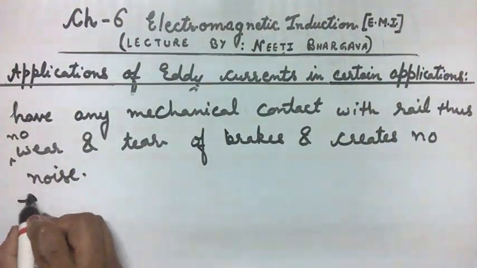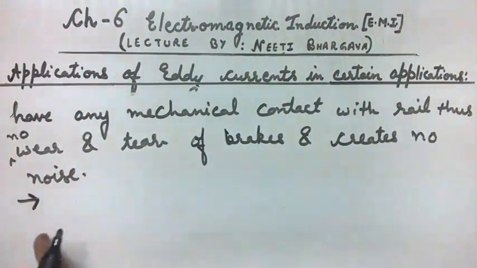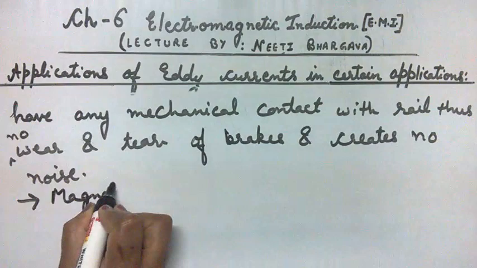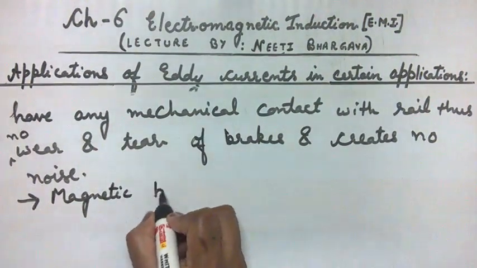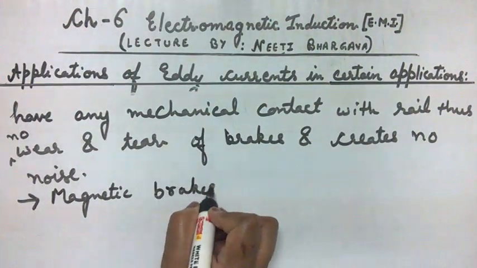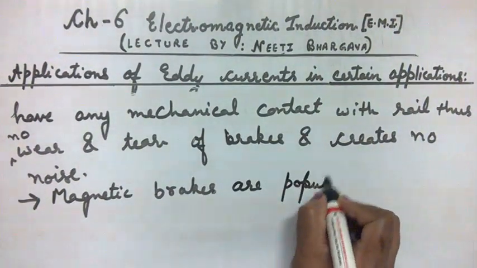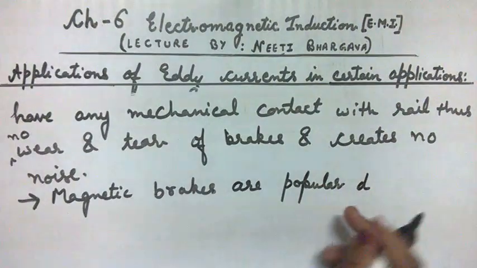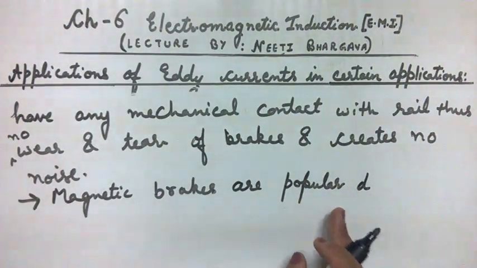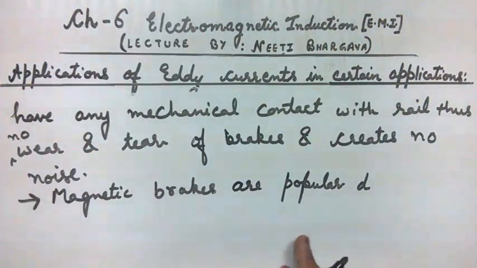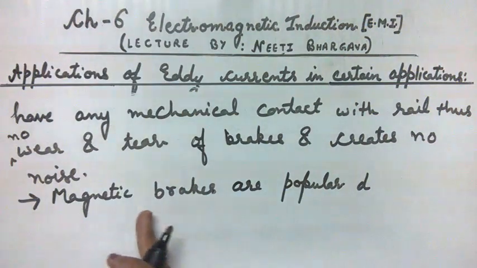Also, these magnetic brakes are most popular due to their high degree of safety. That is, they will not get affected by any physical conditions like when rain occurs, then there will be no effect on these magnetic brakes.